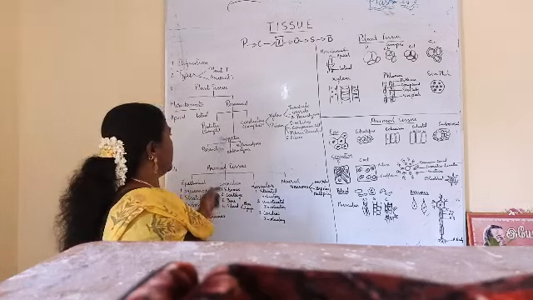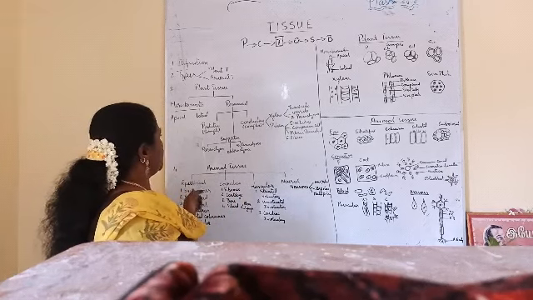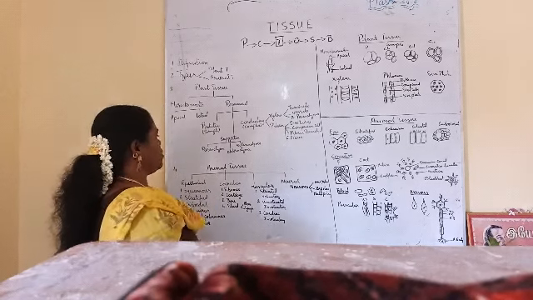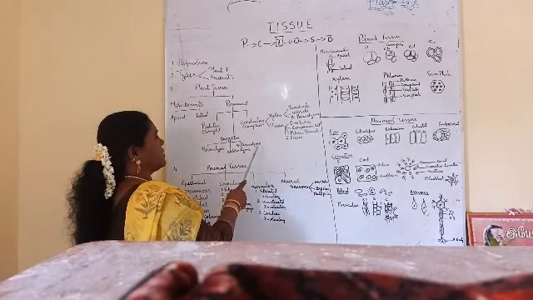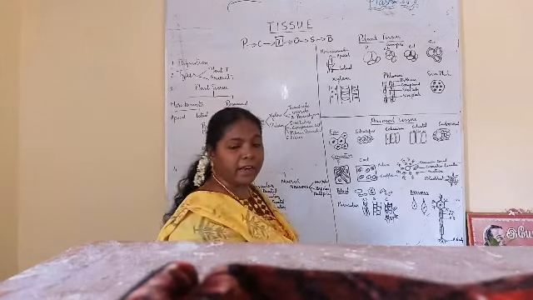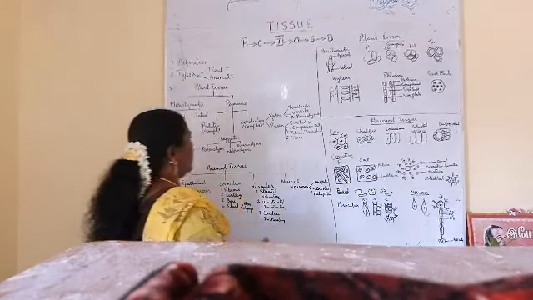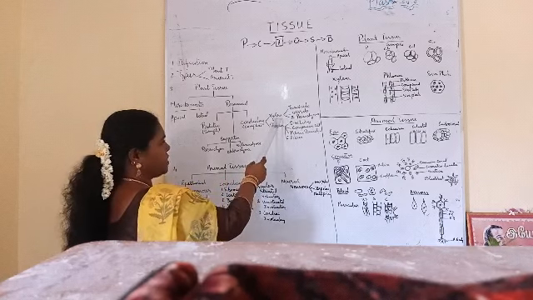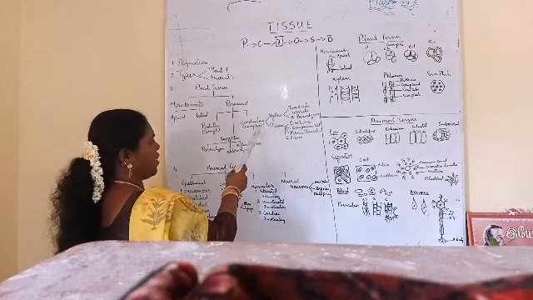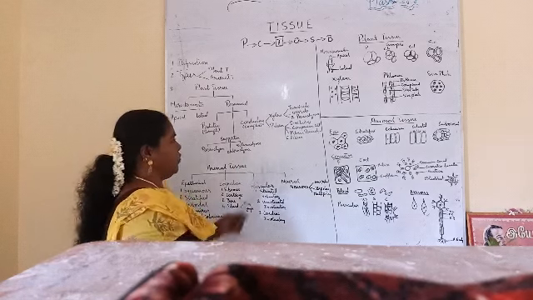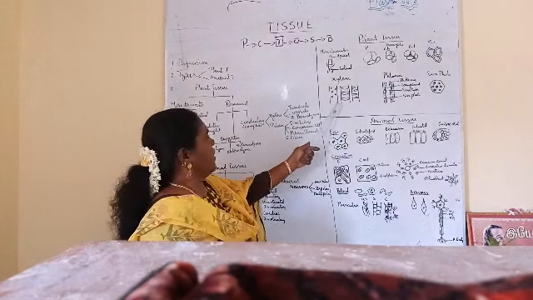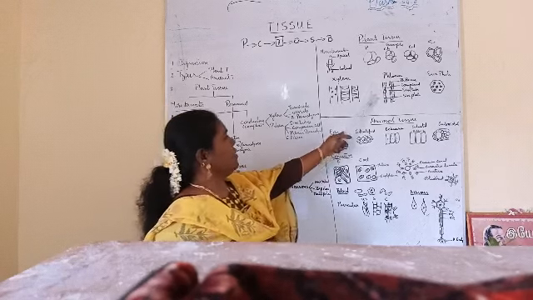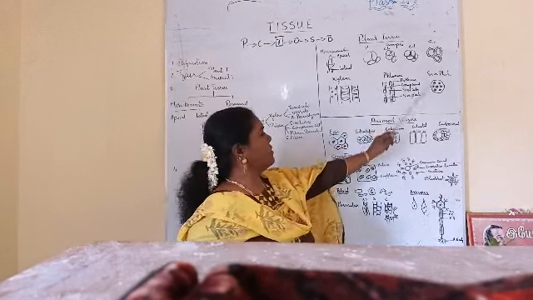On the basis of function, they are classified as simple tissue, simple protective tissues, epidermal tissue, and supportive tissue, parenchyma, collenchyma, sclerenchyma. Conducting tissues are called complex tissue because xylem is made up of a number of tissues. Phloem and xylem: vessels, tracheids, the thickenings. Then phloem structure: sieve tubes, sieve elements, sieve plates.